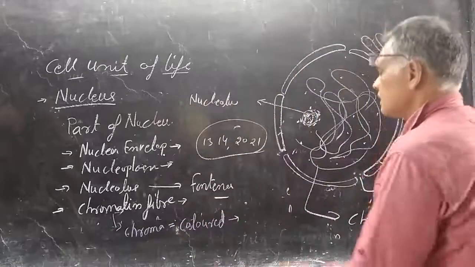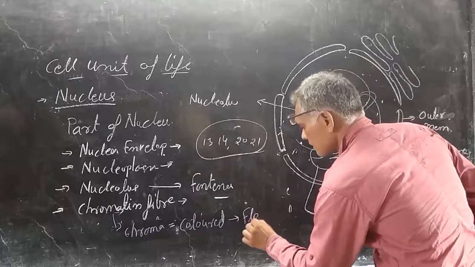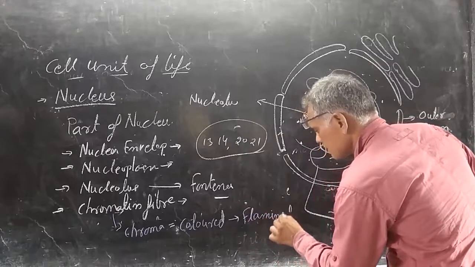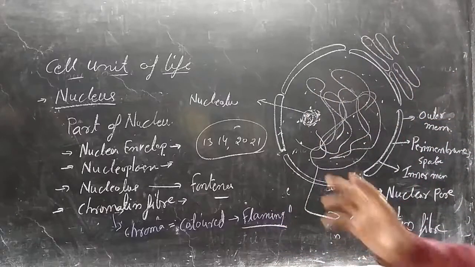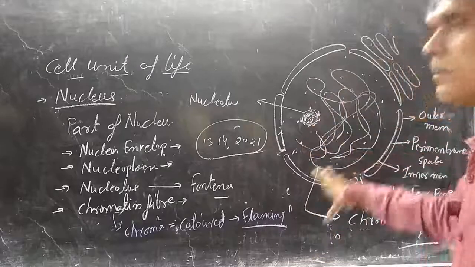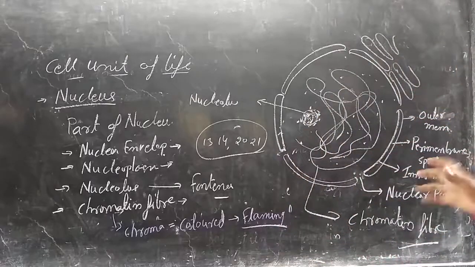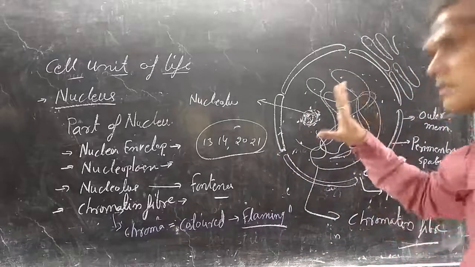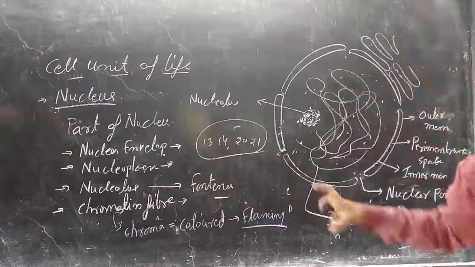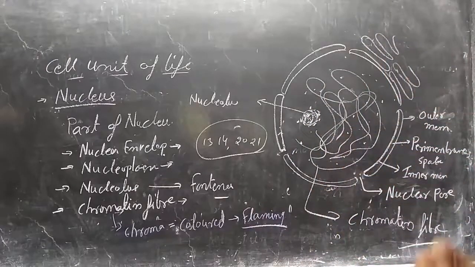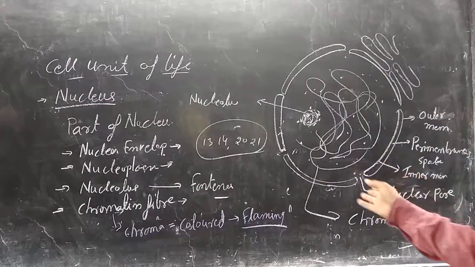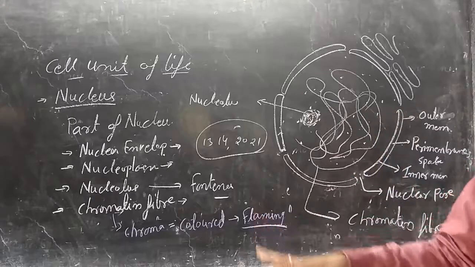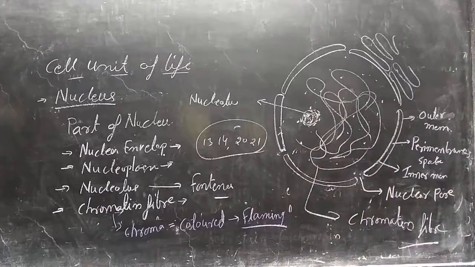Fleming first found out the staining techniques. Staining techniques means coloring a particular portion or organelle, and in the cell the nucleus or chromatin fiber takes up the color specifically. That's why the term comes from chroma, or color. So that is chromatin fiber.